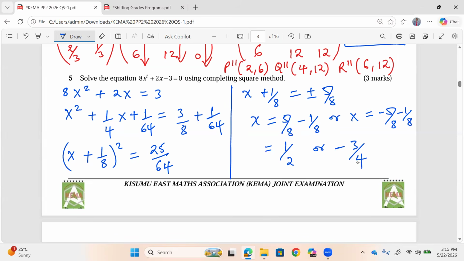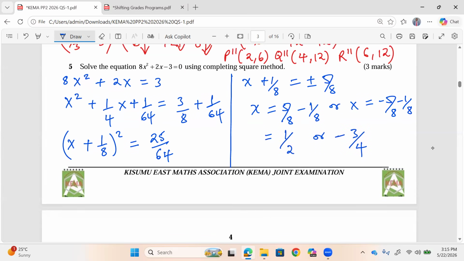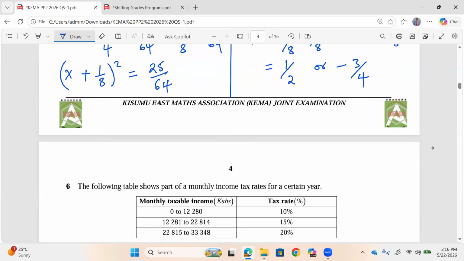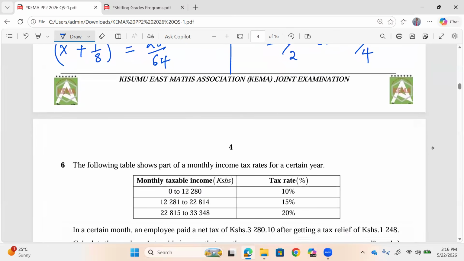So these are the two roots of the equation provided in this case. The same answers can be written as 0.5 and -0.75 respectively. As long as they are terminating decimals, they can be worked out.